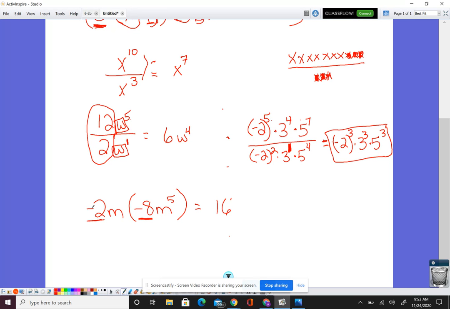And because they're both negative, 2 negatives make a positive 16. So we've taken care of that part. Now we just have the m's. Remember, whenever you see a variable with no exponent, put the 1 there. Now we're multiplying m to the 1st and m to the 5th. So what are we going to do with those exponents? You add them. And we're going to get m to the 6th.